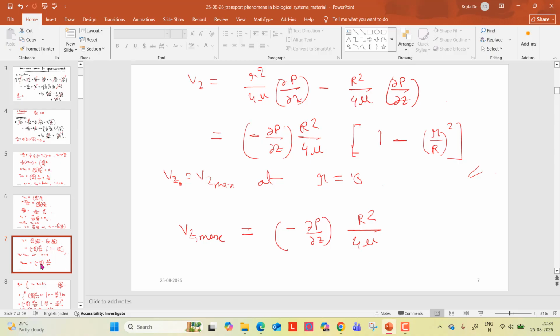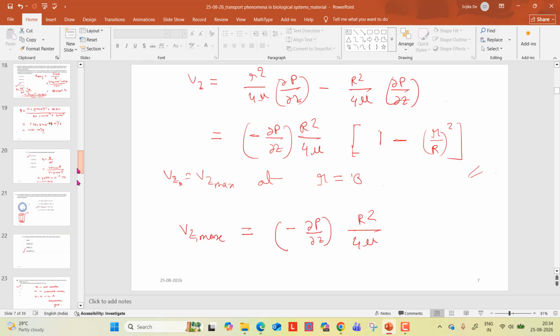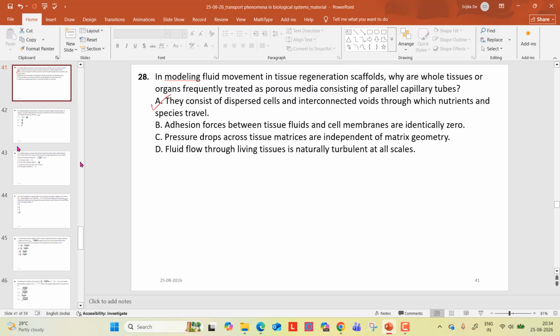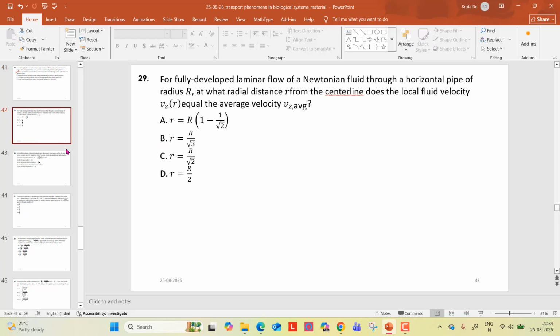Vz max is Vz max into this. Yes, so our Vz is Vz max into 1 minus small r square by capital R square.